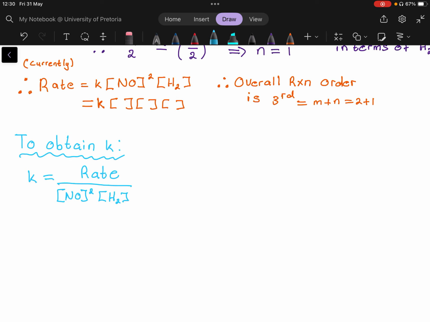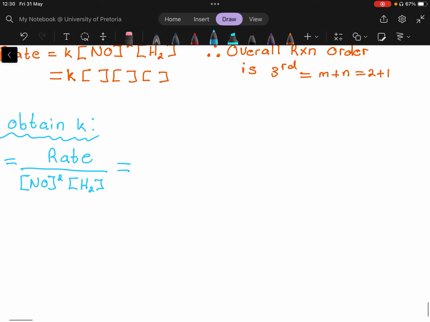Right, and what you essentially have here is you can write rate of experiment 1 over concentration of NO. Why do I do that? Concentration of NO of experiment 1 squared multiplied by concentration of H2.